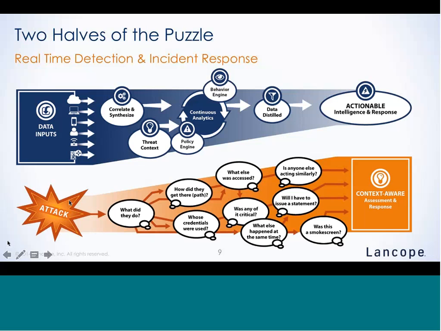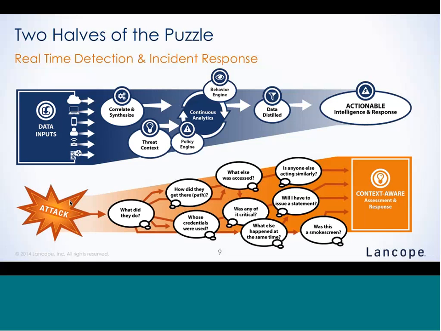As I mentioned before, the secondary component of this is the response component, right? So being able to understand what occurred once an incident has been uncovered becomes an excellent opportunity for the operators themselves, right? If we see a device that appears to have been compromised, communicating to a command and control location out there on the internet, we want to know all of the other surrounding information that becomes important once that compromise has been identified.